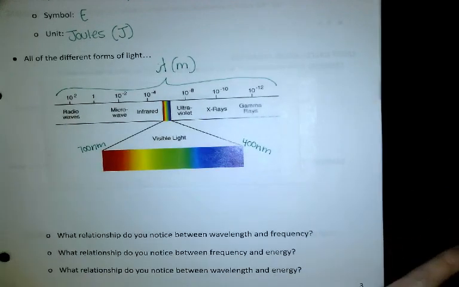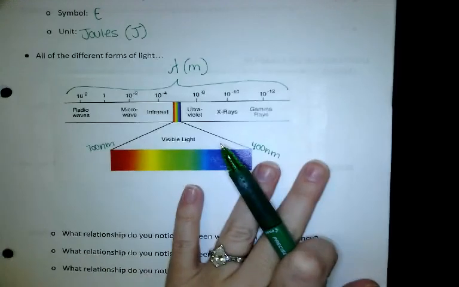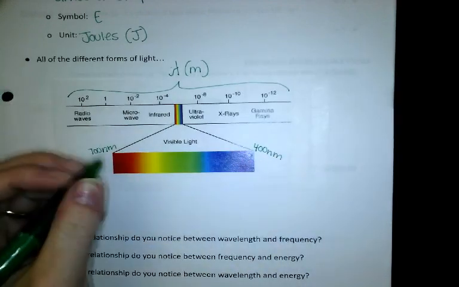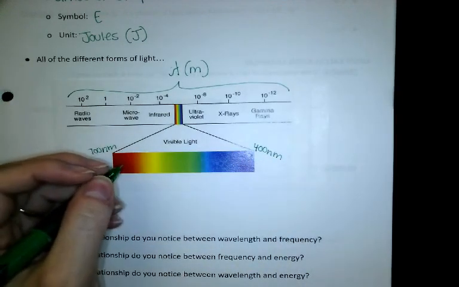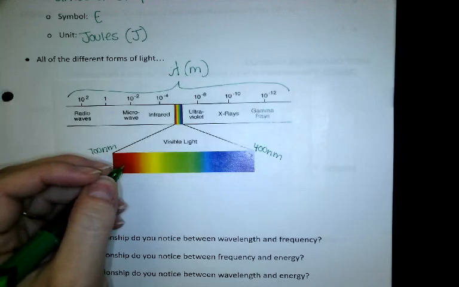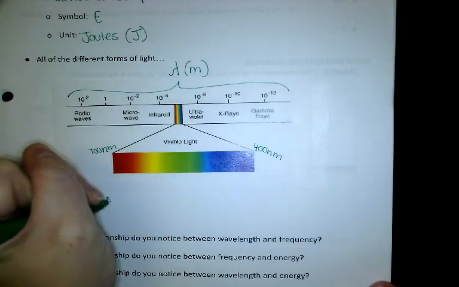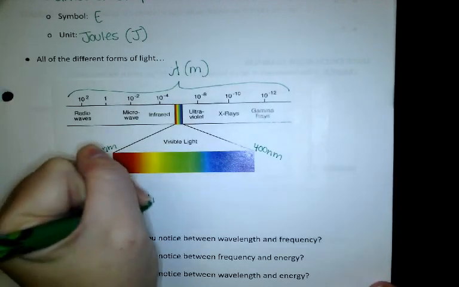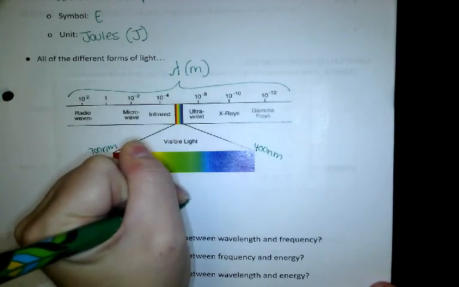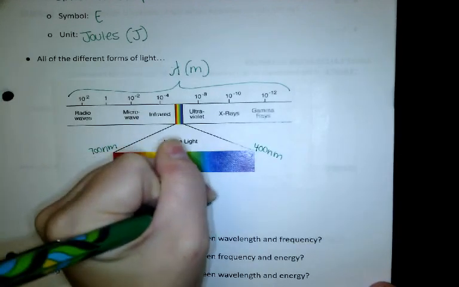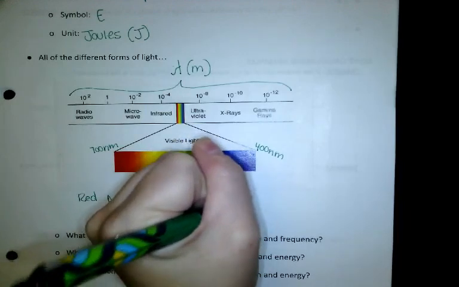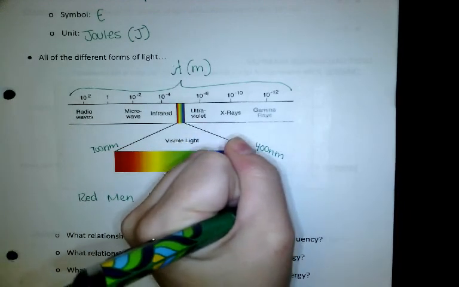So one thing to remember about the order of our electromagnetic spectrum: a helpful way of remembering it is to think, Red Men in Virginia Use X-ray Guns.